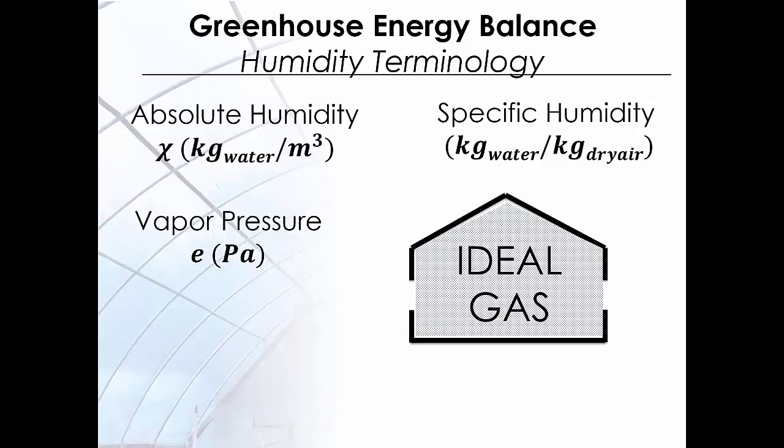Assuming ideal gas here for the air also helps us to convert units among these three definitions, which can be done by multiplying by factors that are almost constant, and the three definitions are equivalent. I'd like to mention also that the maximum or saturating amount of water vapor that can be contained in a portion of air also depends heavily on the temperature of the air.